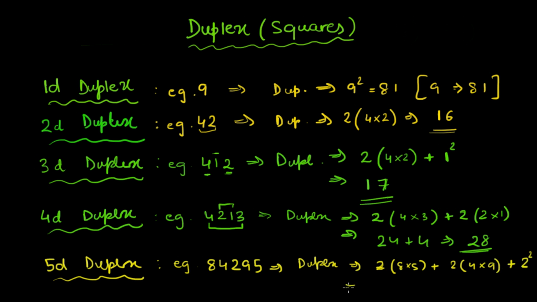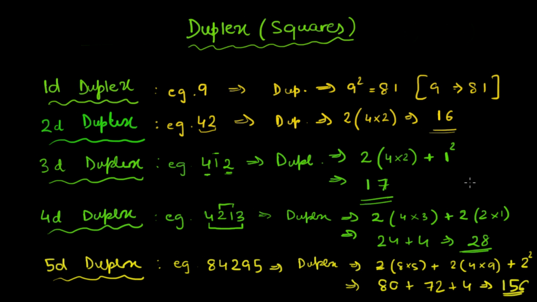So you see it actually follows a pattern, and that's 80 plus 72 plus 4, and therefore the final answer would be 156.